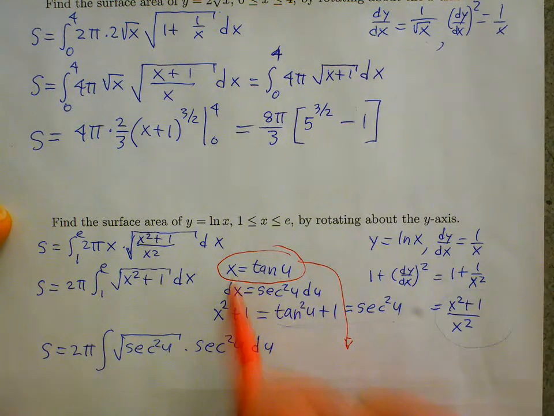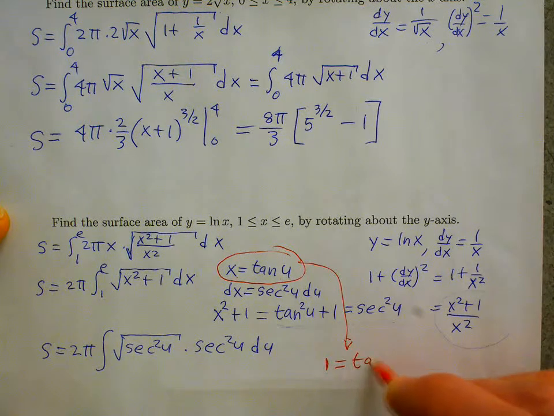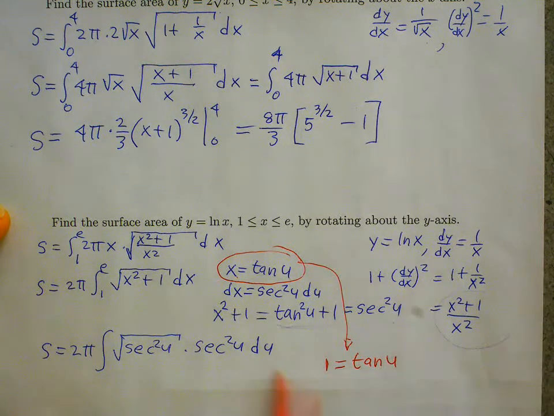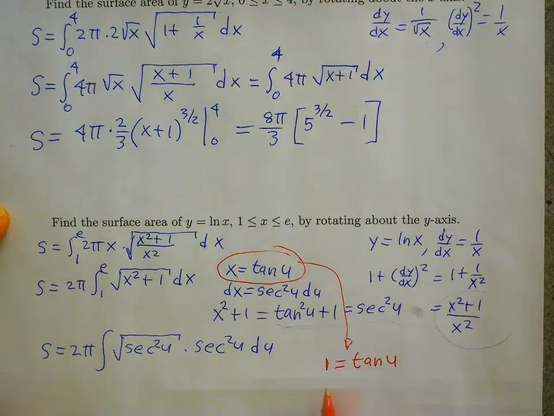So when x is 1, we set 1 equal to tangent of u, and what value of u is the tangent equal to 1? Yeah, so the inverse tangent of 1 is what u is equal to, but that's equal to pi over 4, right?